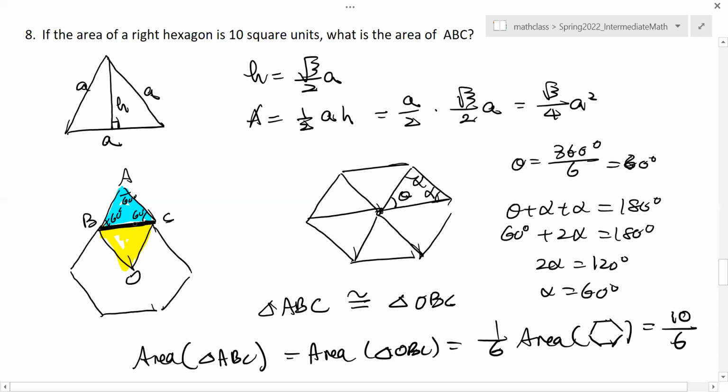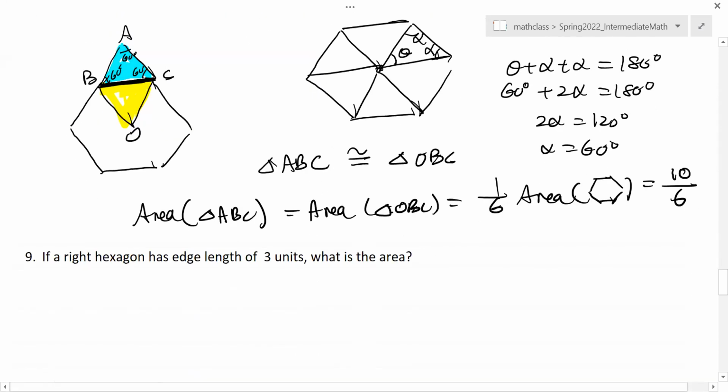So in order to find the area of the triangle ABC, you just need to determine the area of one of the equilateral triangles inside the hexagon, which is 1/6 of the area of the hexagon. Okay, so it's clear, right?